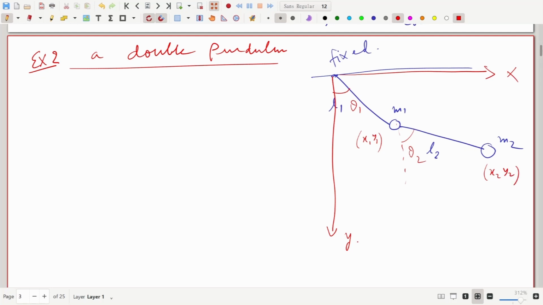So the first step is the coordinate axes, then second is the degrees of freedom and constraints.